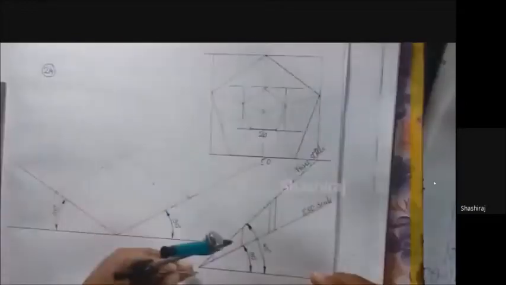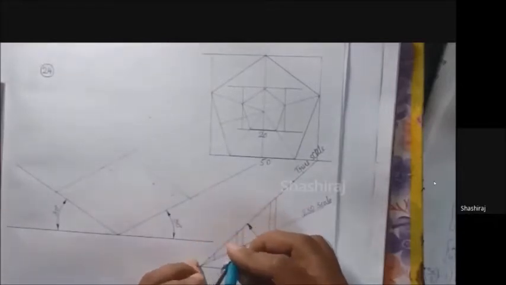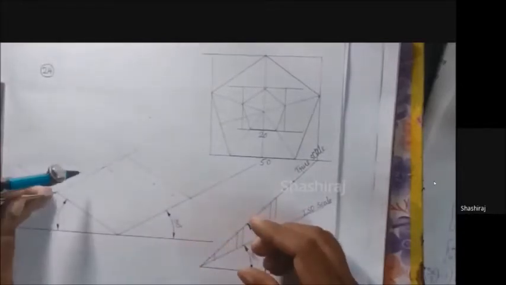So I got 2 points, and this is supposed to be a midpoint. We'll measure that also. Yeah, this is the ISO length for that. From here, if I mark, I will get the midpoint. So I got the bottom face.